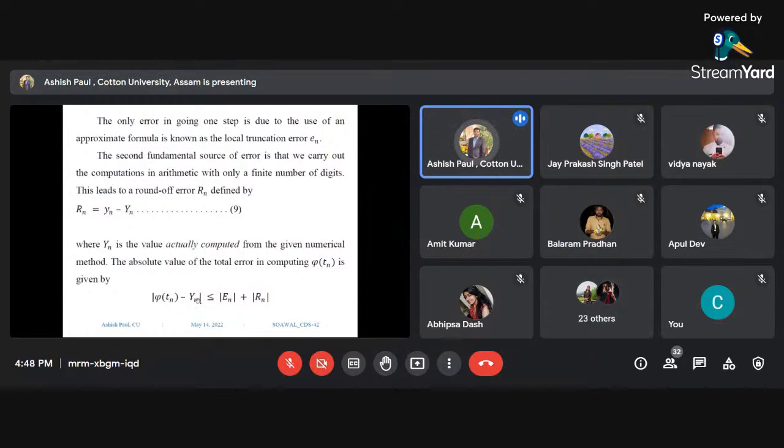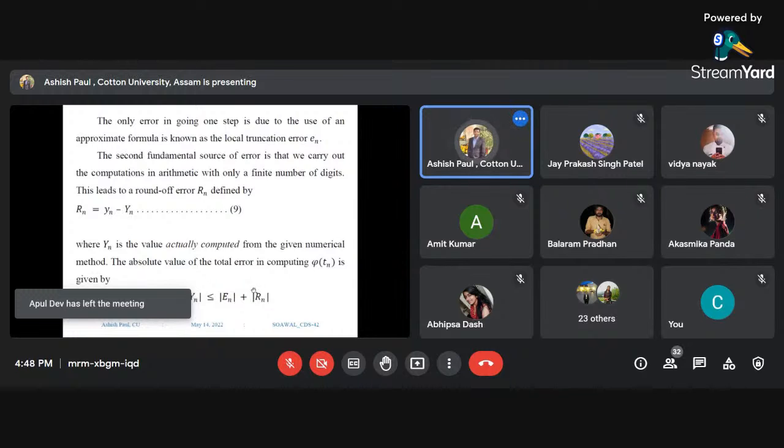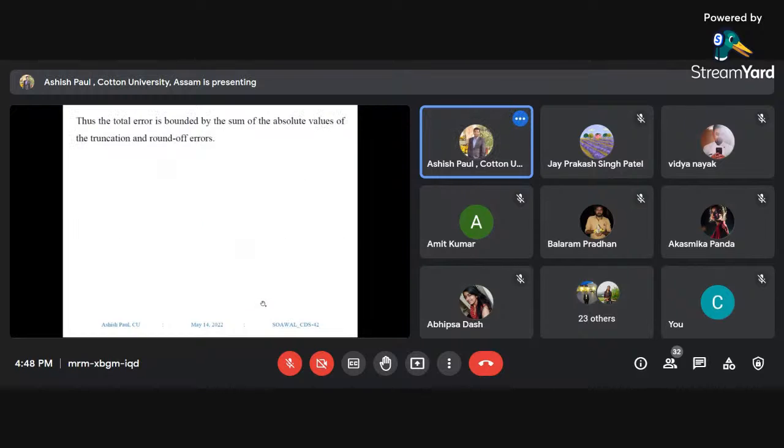Exact value minus calculated value, this difference is the total error, and total error is bounded by the global truncation error and the round off error. So in order to get our result more correct or to reduce error, we need to concentrate on both the errors.